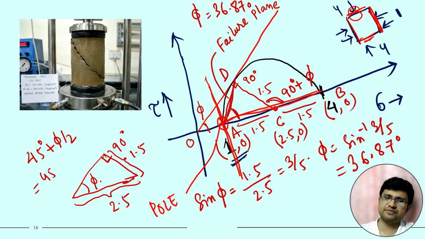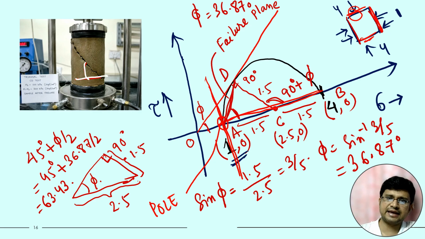So it will be 45 degree plus 36.87 by 2, which is 63.43 degree with horizontal. So this angle of the failure plane will be 63.43 degree.